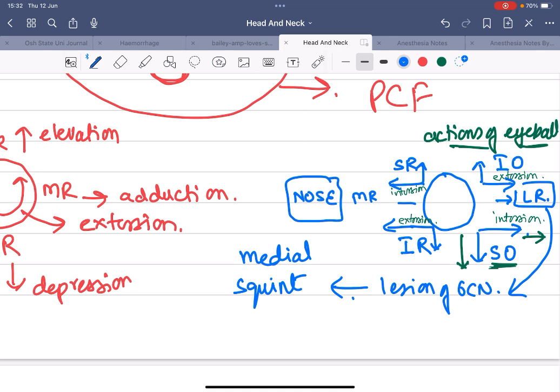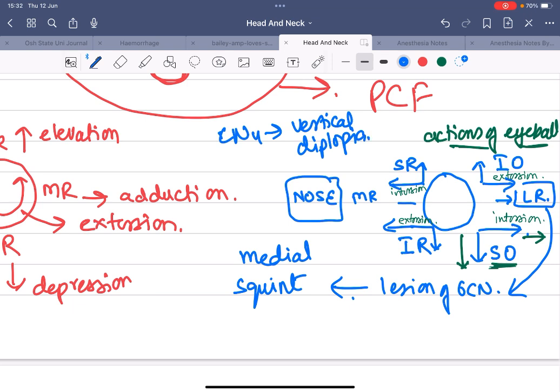These are some of the points you must remember. If it is a fourth cranial nerve lesion, the trochlear nerve, the patient will develop vertical diplopia, especially upon reading or looking downward.